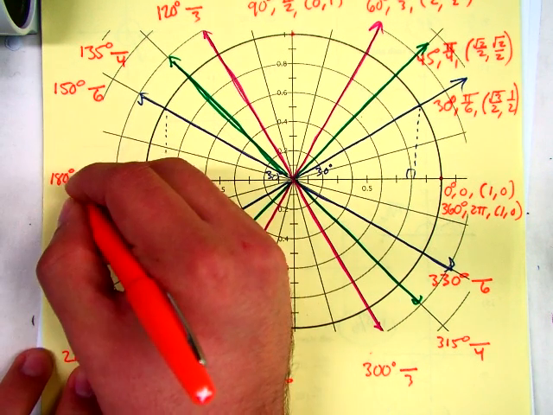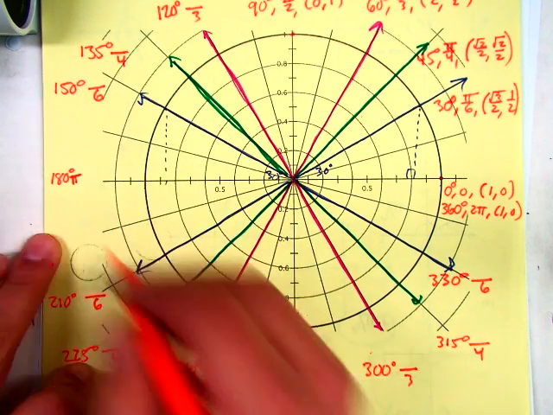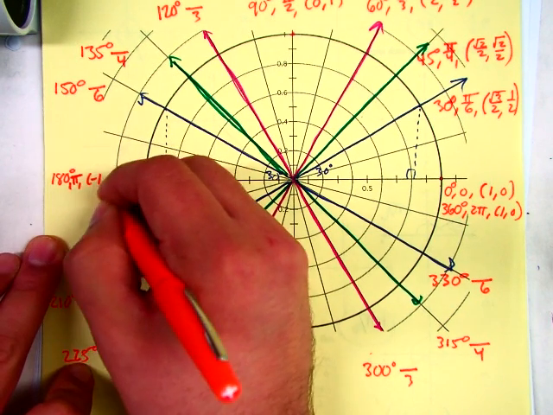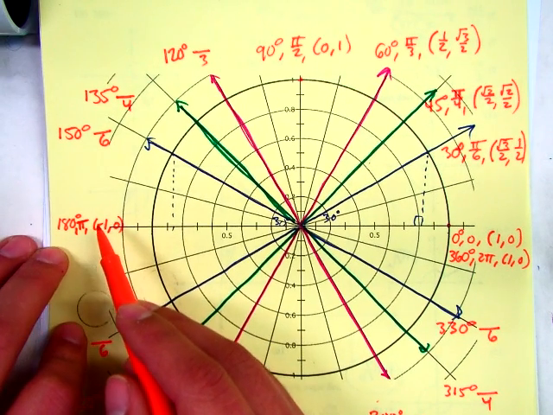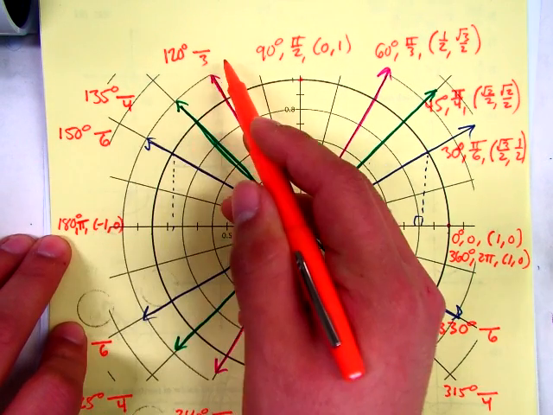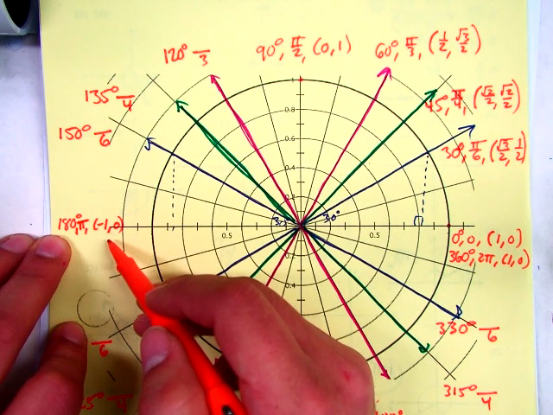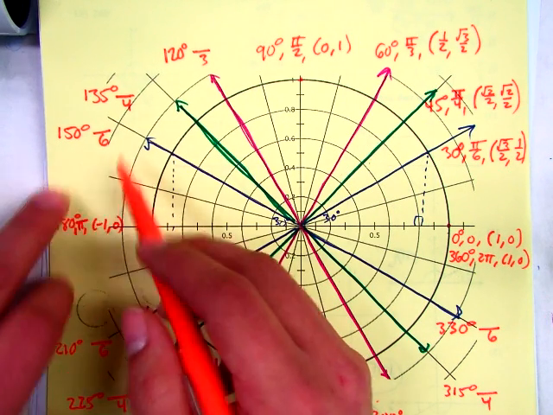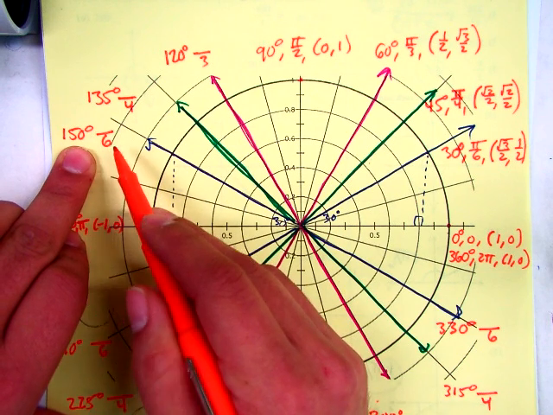180, what is that? That's pi, right? Coordinates were -1, 0. The easiest way to do these is to realize that all of these are almost pi, but not exactly pi. So, for example, 6, how would I make a denominator of 6 equal pi?